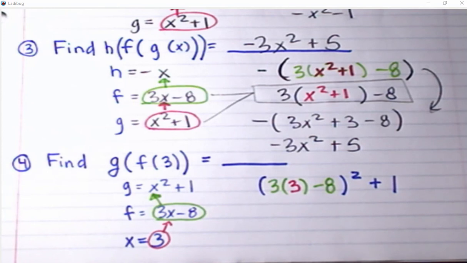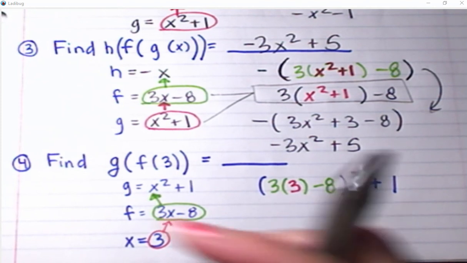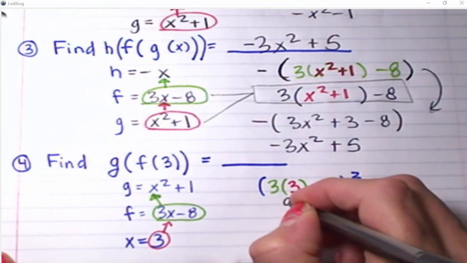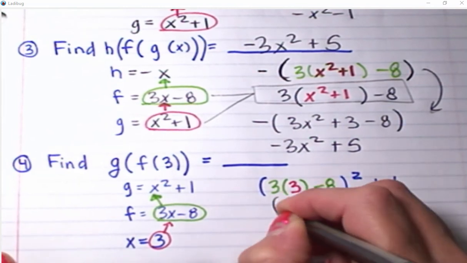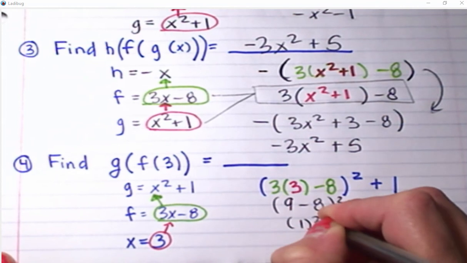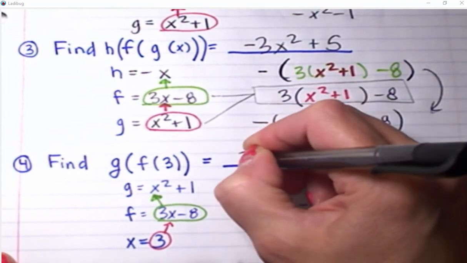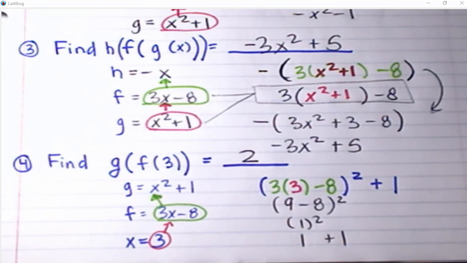And the better you get at composition, the less work you have to show to do it. And then PEMDAS. Two. Yeah, 2. That's it. All of that work just to get two.